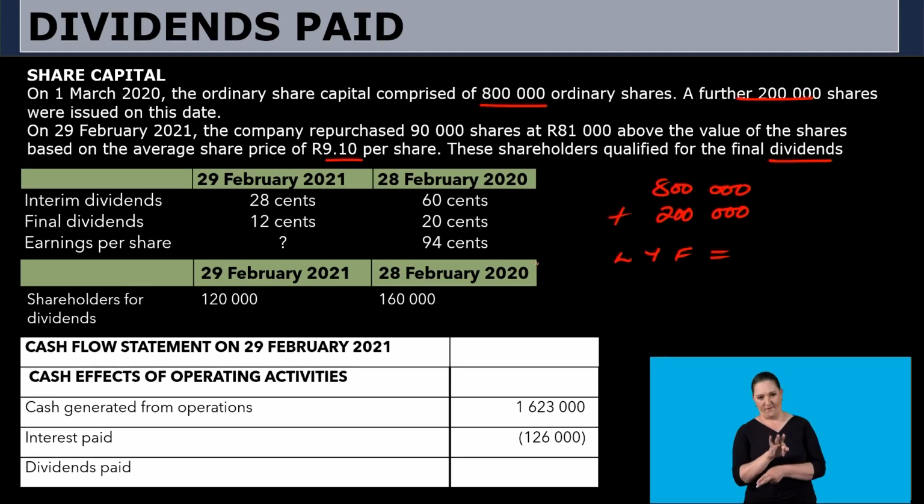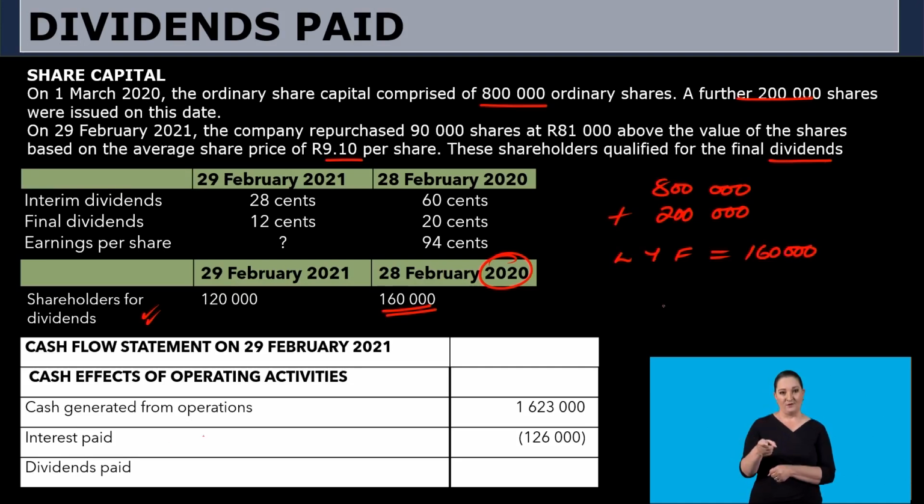We go to the previous year, 2020, shareholders for dividends, 160,000. That becomes last year's final dividends. So when I want to get my dividends paid, I simply say last year's final dividends, which is 160,000, plus this year's interim dividends.